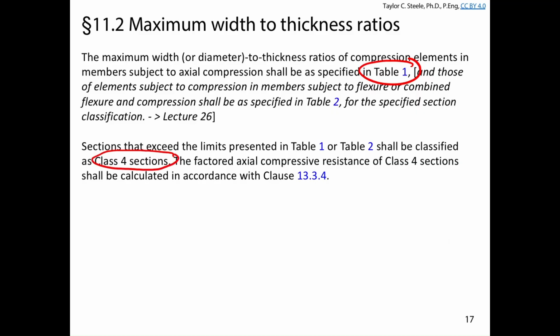We'll talk more about what class 1, 2, 3, and 4 means for flexural compression. We tend to classify sections, and it's more important for strength for beams, not as important for columns. As long as we don't have a class 4 section, everything is, for the most part, okay, and we can continue to use the expression that we talked about on Monday.